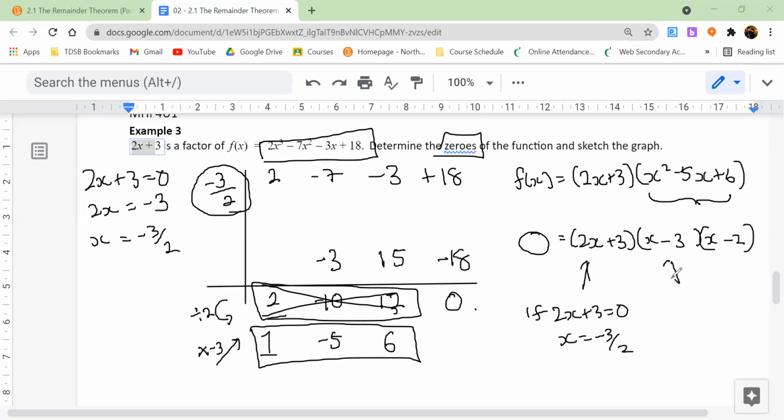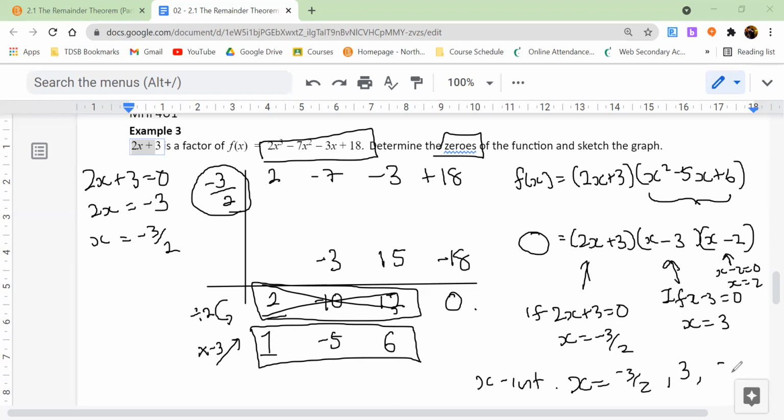If x minus 3 is 0, x is going to be +3. And if x minus 2 equals 0, that means x has to be +2. So the x-intercepts are this, this, and this. There you go. This is synthetic division. So much easier and faster, in my opinion.